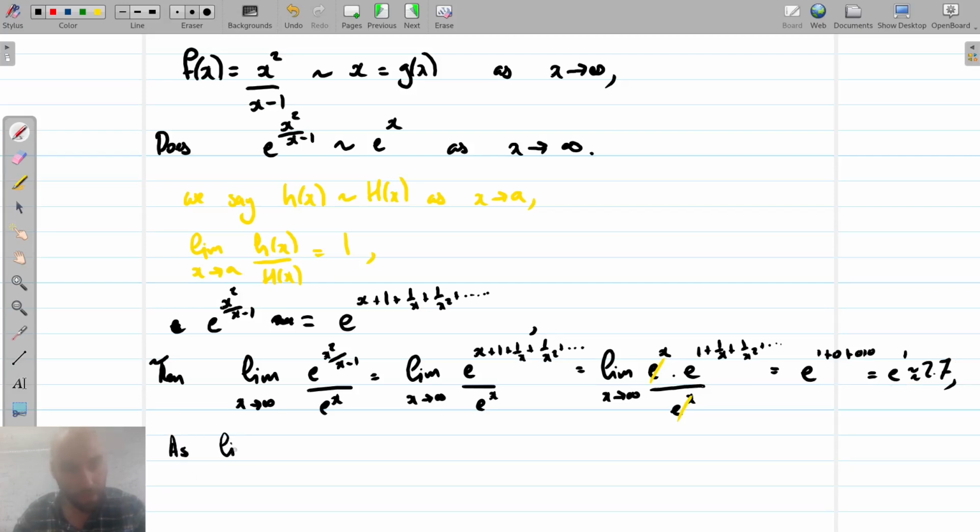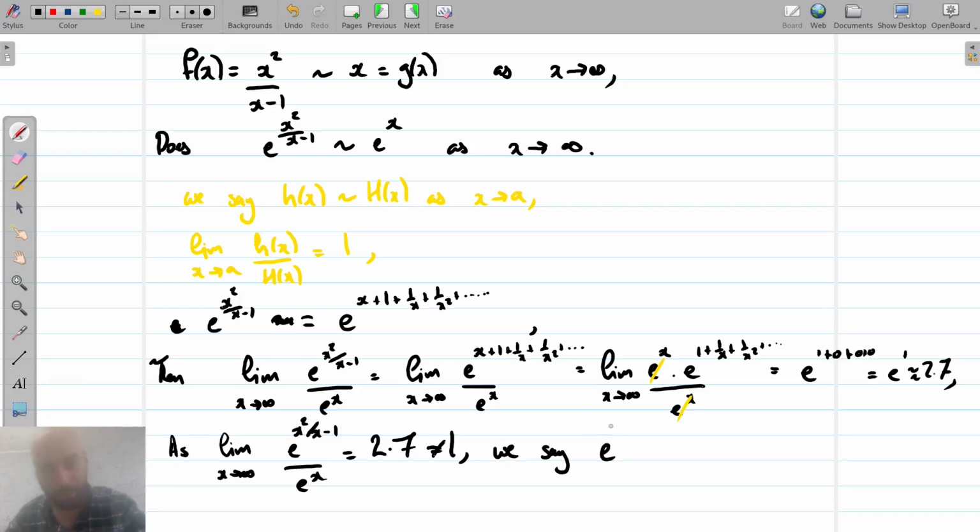So, as the limit as x tends to infinity of e to the x squared over x minus 1, divided by e to the x, equals 2.7, which is not equal to 1, we say they're not asymptotic to each other. It does not twiddle e to the x as x tends to infinity.